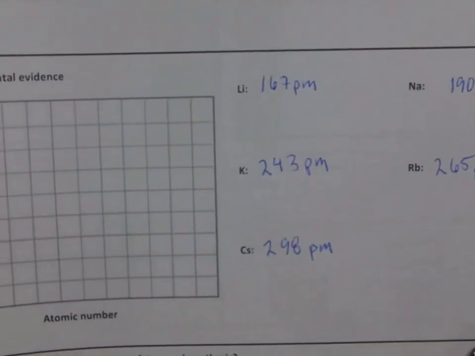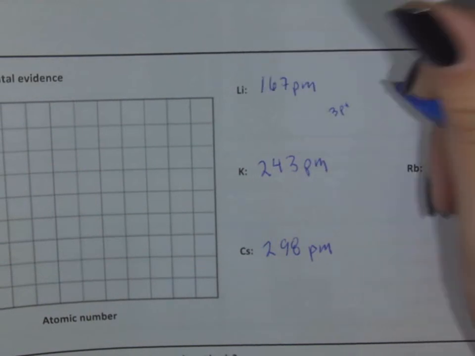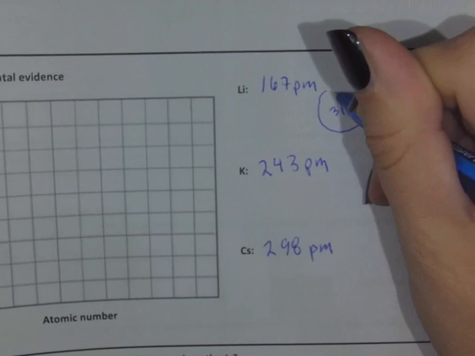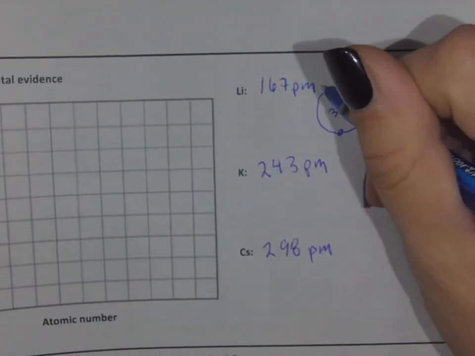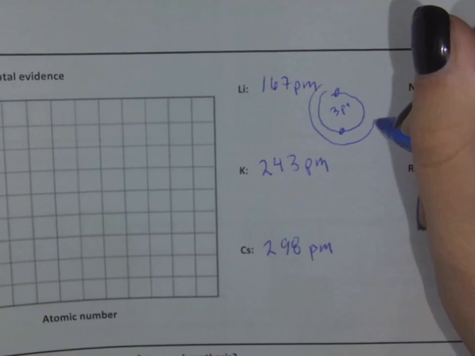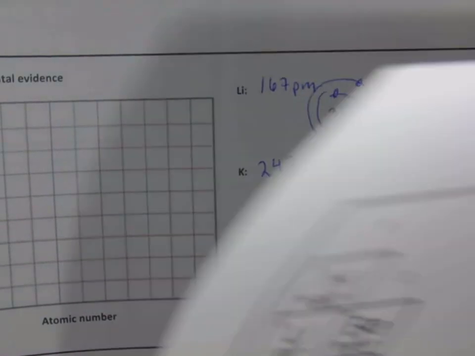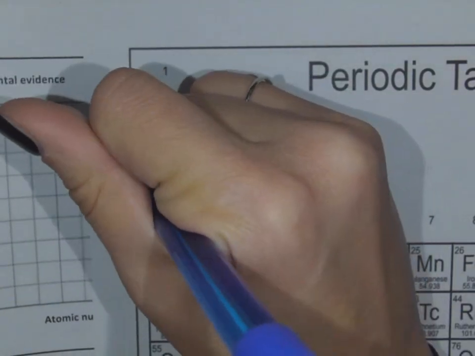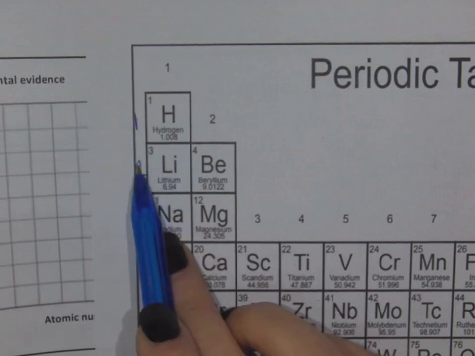Lithium. So lithium has 3 protons in its nucleus, and in the first energy level it's got 2 electrons, and in the second energy level it's got 1 electron. Now I know this because it's in period 2, so that means it's got 2 energy levels.